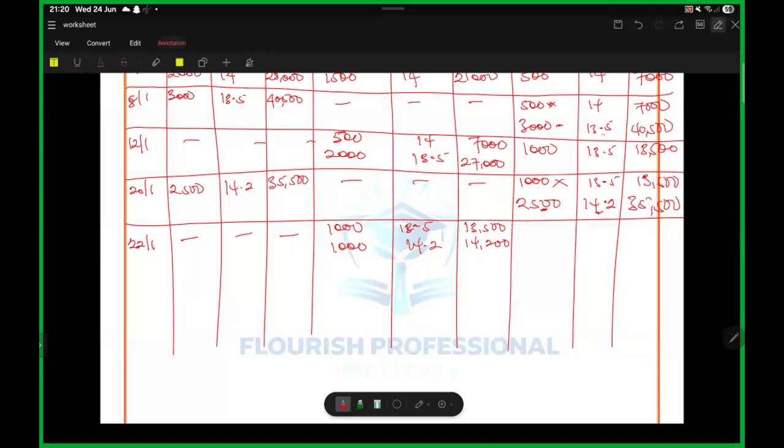So the balance now left is 1,500 because I've issued 1,000 from it at 14.2. 1,500 at 14.2 will give us $21,300. So now the total of the issue becomes 27,700.